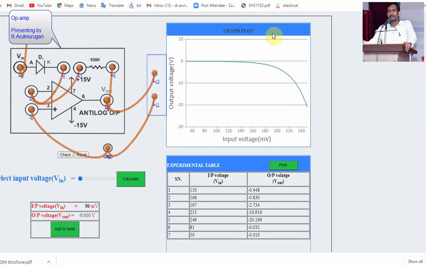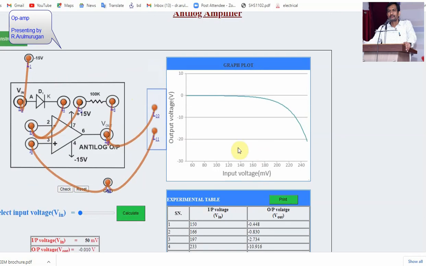So that's all about the waveforms of the inverting amplifier. This is the way to give input to the minus terminal of the inverting amplifier.